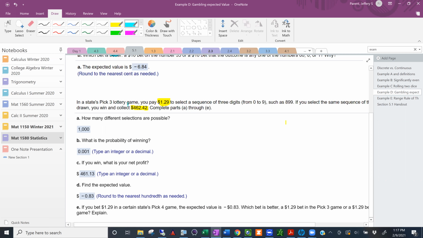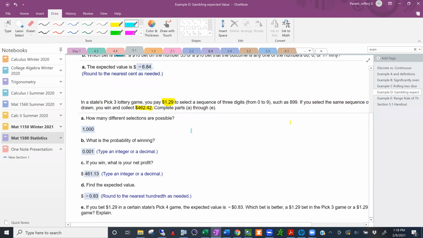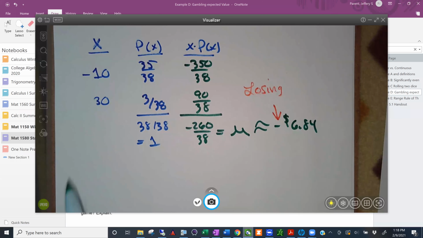In a state's pick 3 lottery game, you pay $1.29 to select a sequence of 3 digits from 0 to 9. If you select the same sequence of 3 digits that are drawn, you win and collect $462.42. Complete parts A through E. So the first question is, how many possible winning tickets are there?